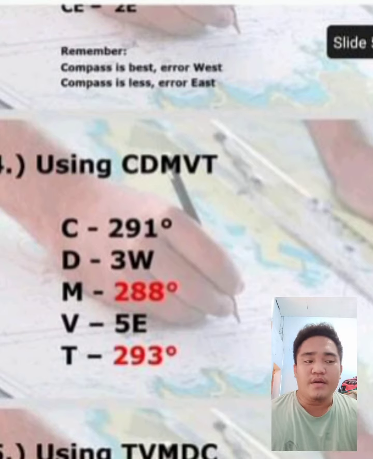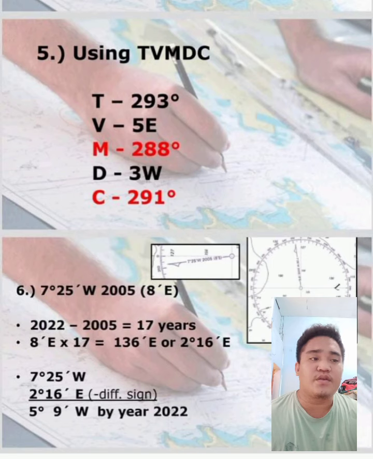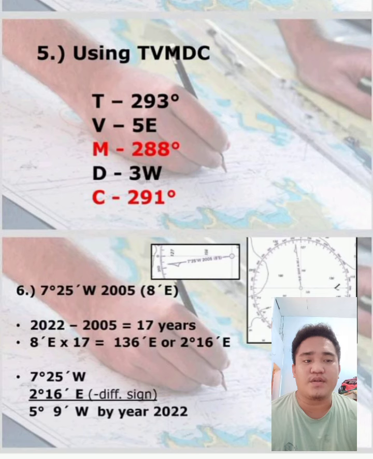And fifth is if the true course, variation and deviation are given, how to determine the compass course. So this is the formula. We just use the TVMDC, the reverse of CDMVT, Can Dead Men Vote Twice. So the true course is 293 degrees, variation is 5 south.